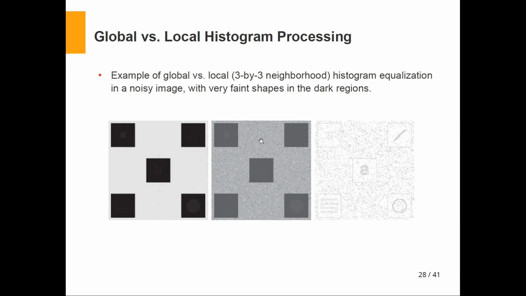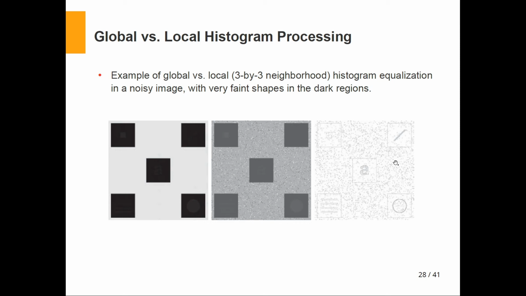So this is the result of applying histogram equalization in its global form. What you can see is that the noises are a little bit magnified and the image is a little bit washed out, much brighter than the previous one, but still the details inside these regions are not that visible, even though they are more visible than the original image.